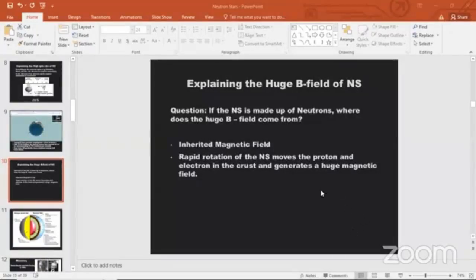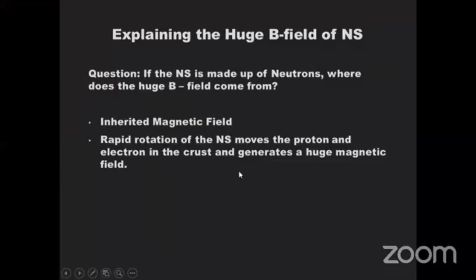Let's go. All right. So, as I was saying, for the magnetic field, I said the magnetic field from the progenitor star that gave rise to the neutron star is trapped. So I was using a light bulb as an example. Imagine you have a light bulb that is emitting light.